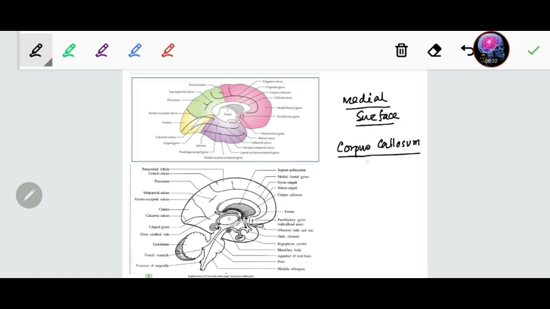It is a C-shaped thick bundle of commissural fibers, and it is actually the largest bundle of commissural fibers. The commissural fibers are those which connect the identical or corresponding areas of two cerebral hemispheres. So commissural fibers are also known as interhemispheric fibers.